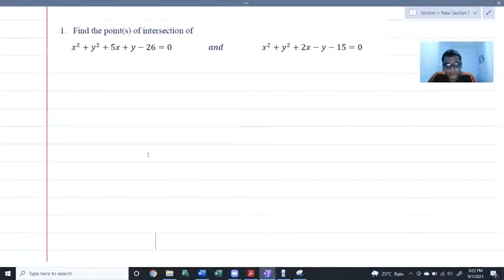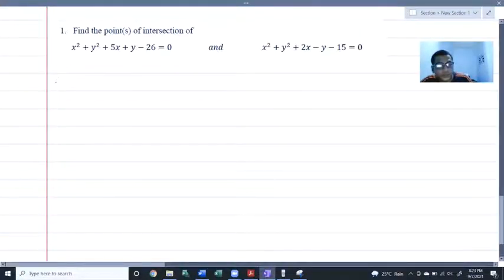Well, first we need to transform it into the standard form so that we can determine its center and its radius. So okay, let's go. So step 1, transform into standard form.